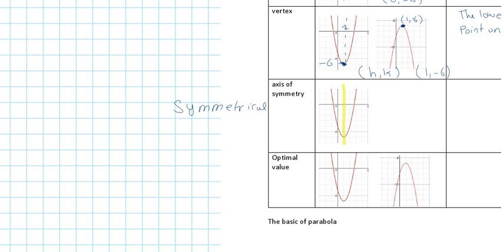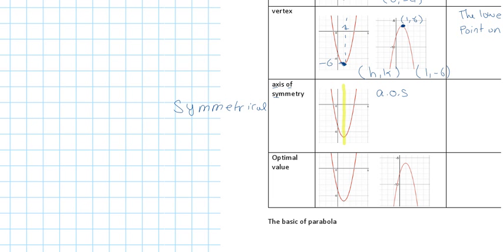But what part of the vertex does it pass through? The x part or the y part? The x. So when I report the axis of symmetry, I use the three letters AOS, axis of symmetry.